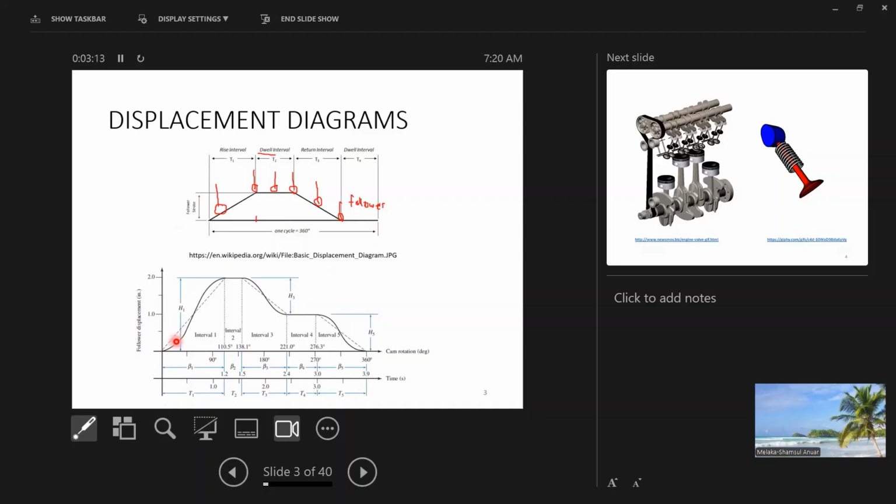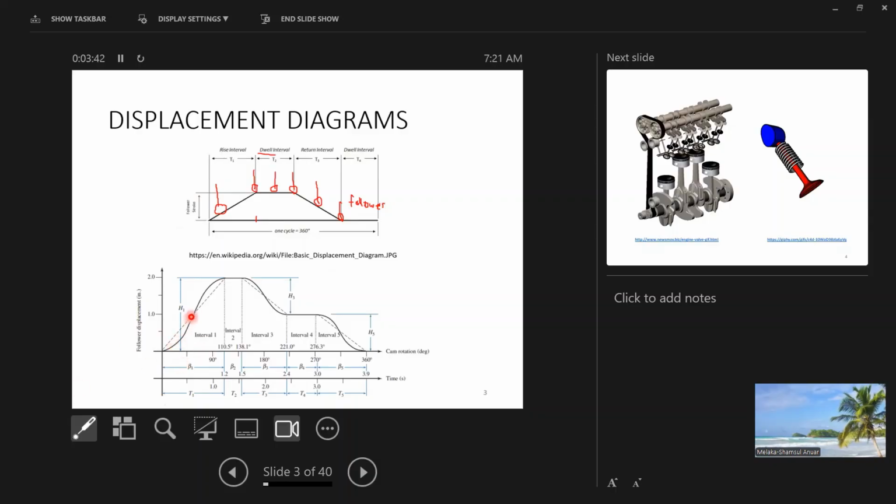So the basic shape of the cam is based on a circle, but if it is a complete, perfect circle, it's not a cam. It must be a non-circular shape. Okay? A cam is a non-circular shape, but it needs to have a base circle inside of it.